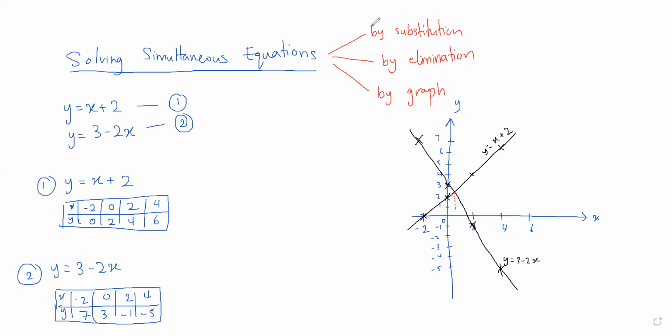Let me just calculate this for a while. As you can see from the values on the screen, you should get around x is 0.3 and y is 2.3. That is how you find your answer using graph.